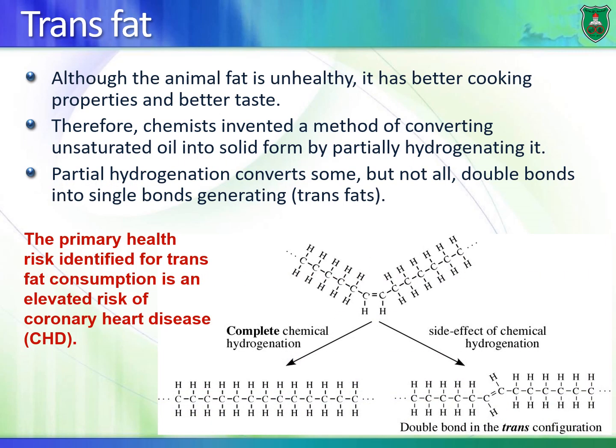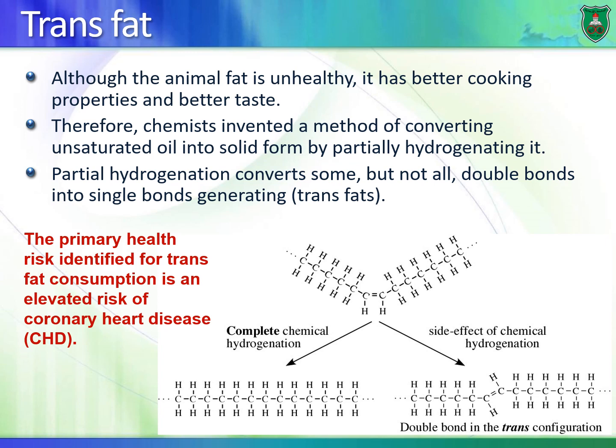Now the thing is, this process has been used a lot in industry, and the idea is that they want to convert unsaturated fatty acids to partially saturated fatty acids.